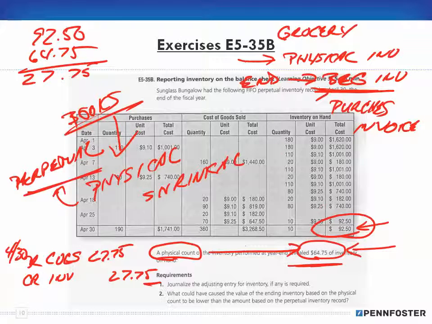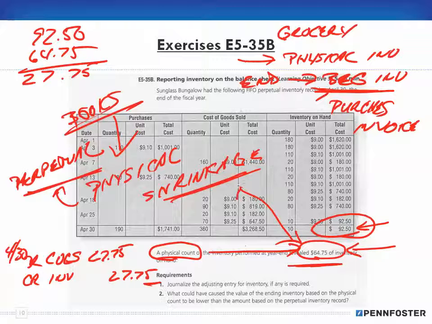And notice what's on your books is what you bought and what you sold, but using the perpetual method doesn't account for shrinkage. That shrinkage is the difference between what's on your books and your physical inventory.